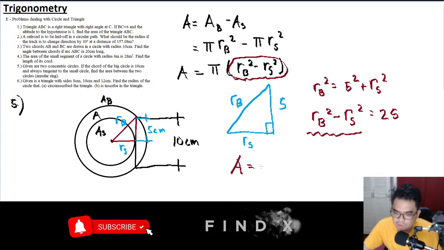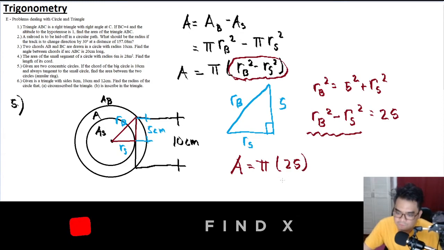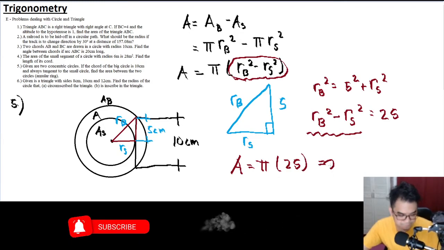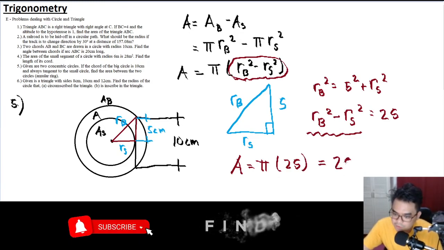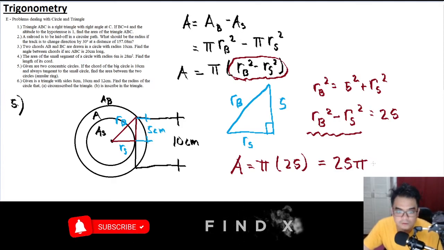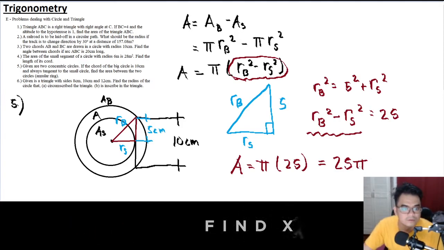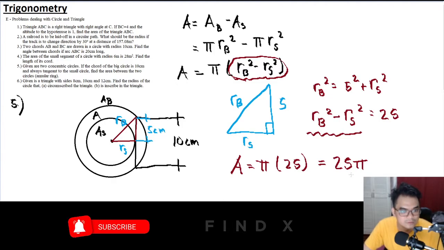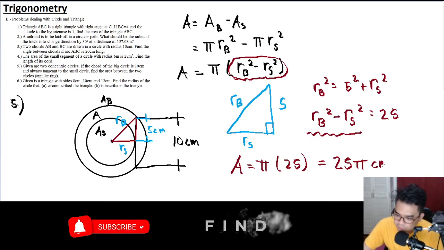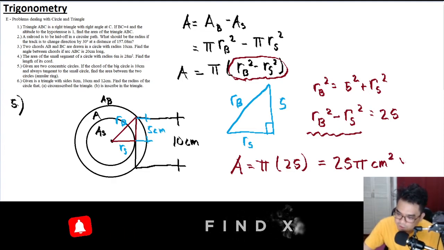A is equal to pi times 25. Therefore, the answer is just 25 pi. Is it in meters? No, it's centimeter, so centimeter squared. This will be the answer.